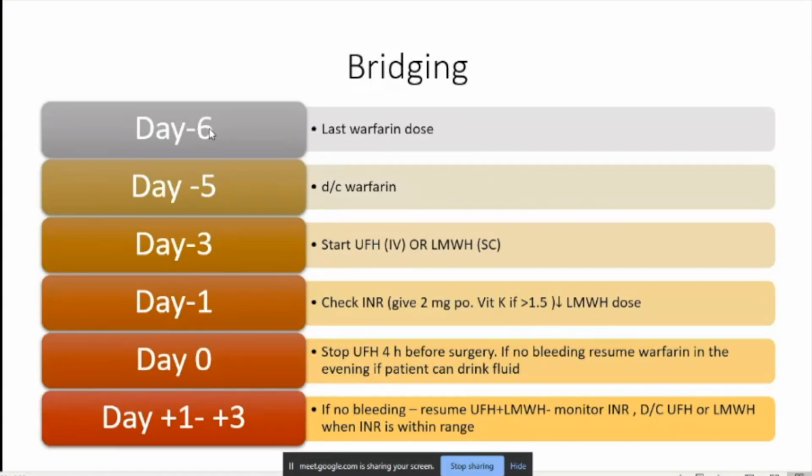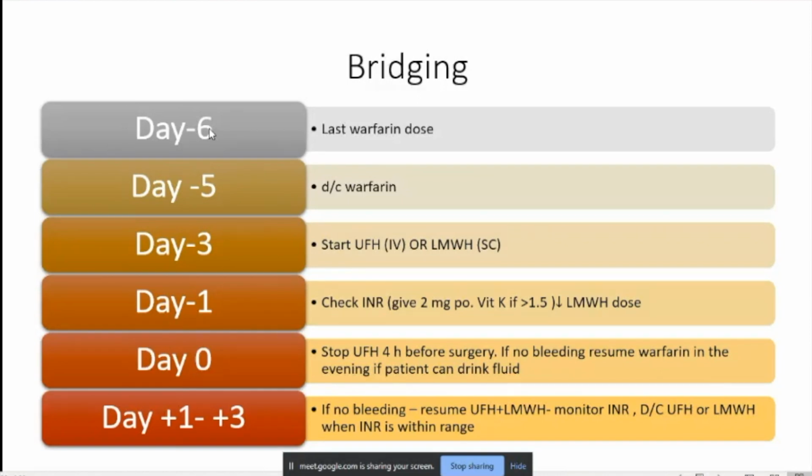Okay, it's not day 6, don't get confused. It's day -6 from the day of surgery. So day -6 is the last warfarin dose. We give the last warfarin dose on day -6. On day -5, we discontinue the warfarin.